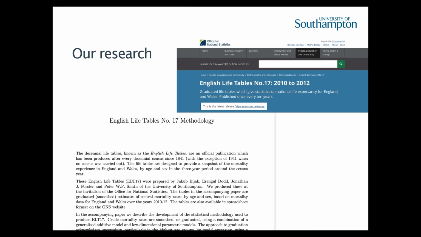There is a methodology. What we did, in a nutshell, is we smoothed or graduated the crude mortality rates using a combination of a generalized additive model and low-dimensional parametric models. In our modeling, we also incorporate the uncertainty, particularly in the highest age groups.